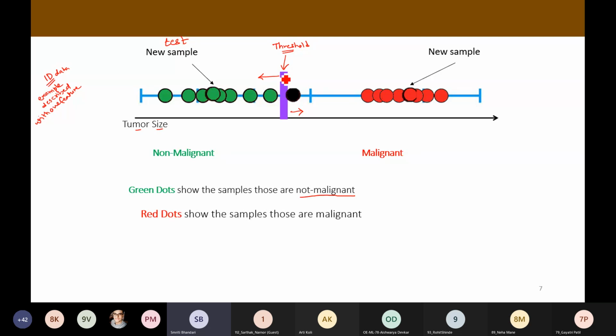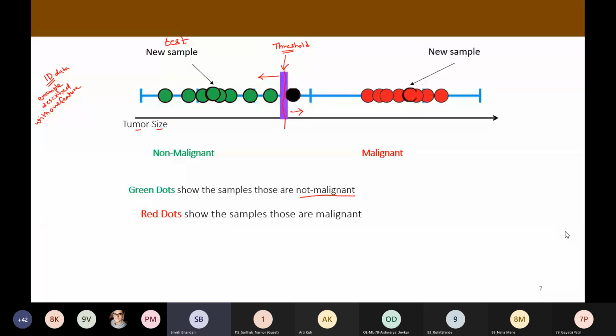Yes, we are having the threshold over here. This is my threshold. So what would be the class for this new test sample? Malignant. It will be malignant.